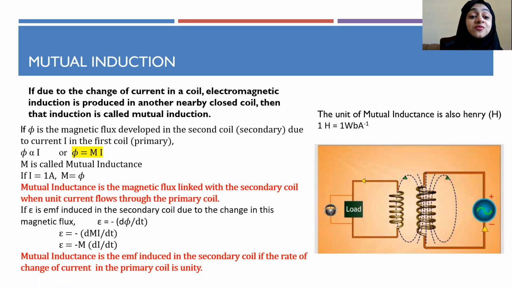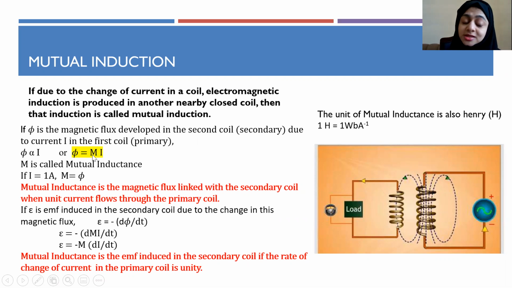So, the magnetic flux developed in the second coil is directly proportional to the current in the first coil. So, phi is directly proportional to I, where phi is the magnetic flux developed in the secondary coil and I is the current in the primary coil. Or you can say that phi is equal to a constant of proportionality M into I. And this constant of proportionality is called mutual inductance.